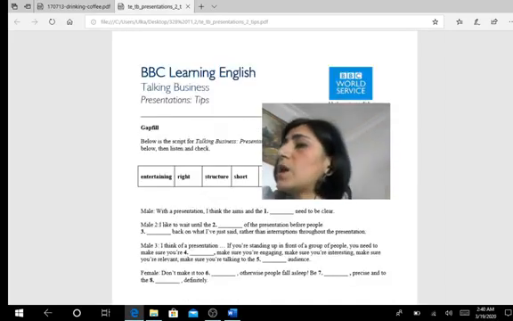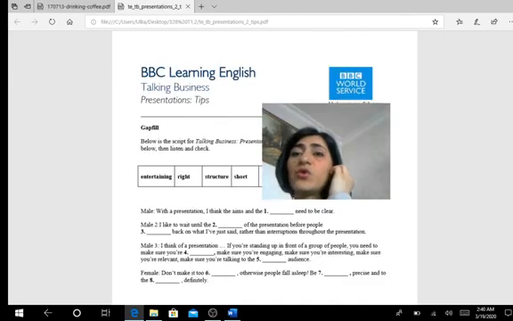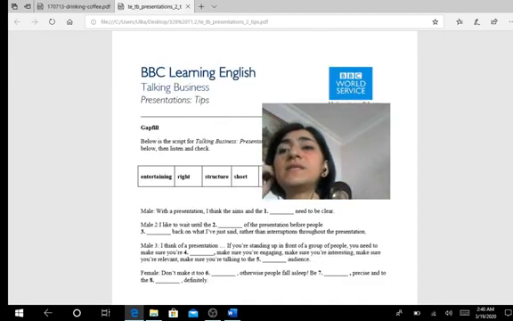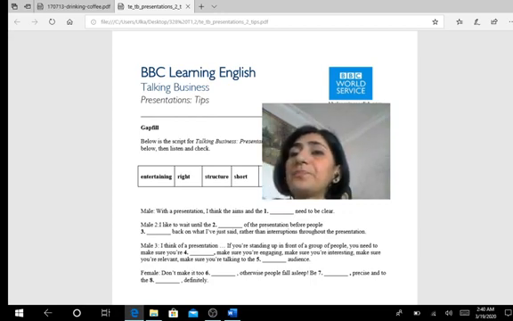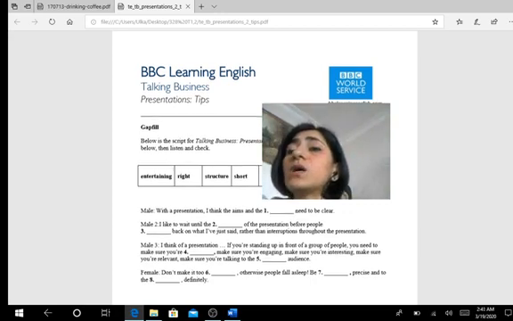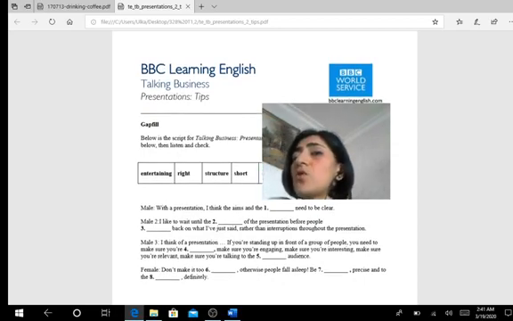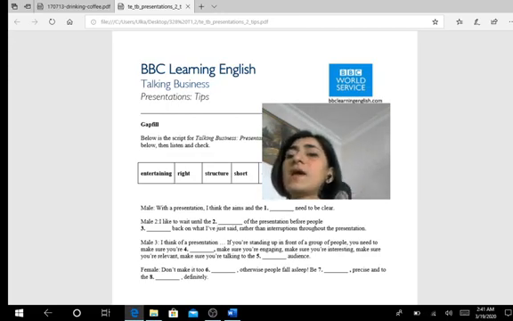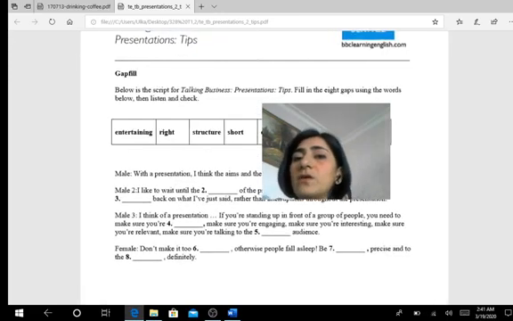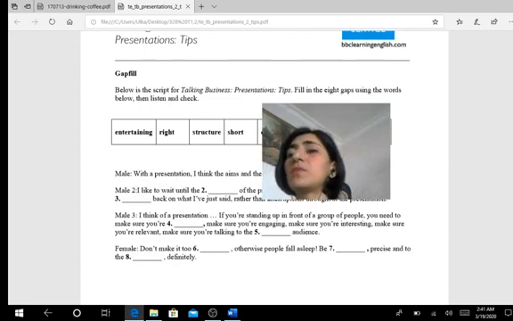The second one is only 1-page work. That's from a BBC Learning English Talking Business presentation tips. So it's also very easy to complete. You have a box with about 7 or 8 words, and below you have a context and some gaps.